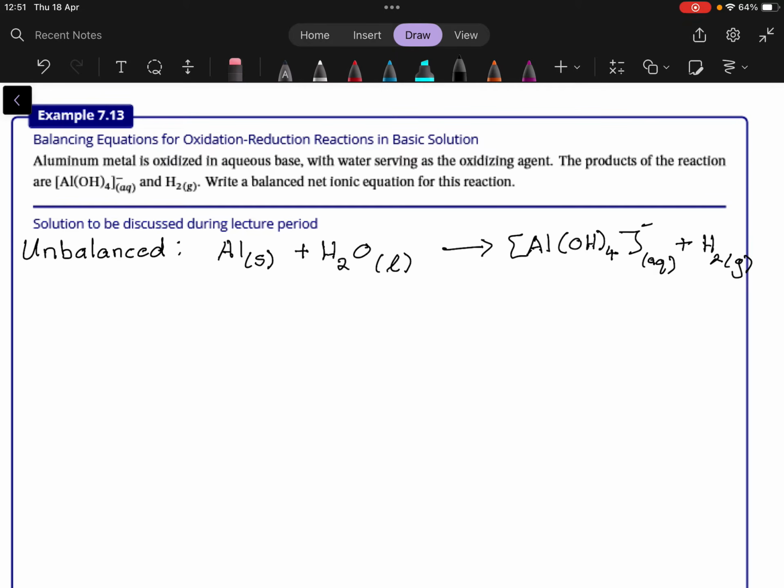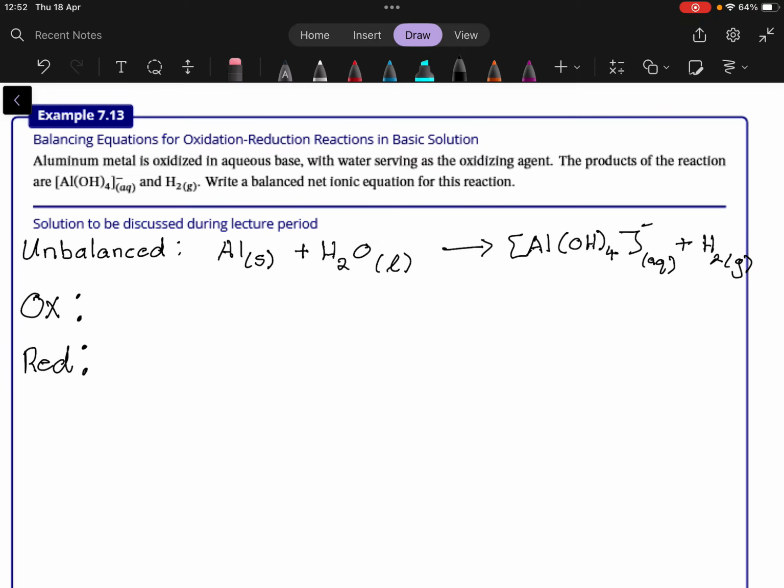So the approach we use is the half reaction method, and in the half reaction method we write down what the oxidation half reaction is and the reduction half reaction. For that, we need to figure out what is being oxidized, and we're already told water serving as the oxidizing agent, so it implies that aluminium is being oxidized.